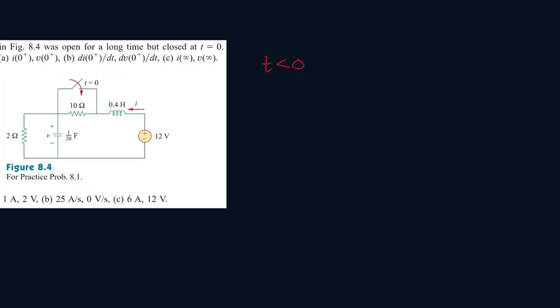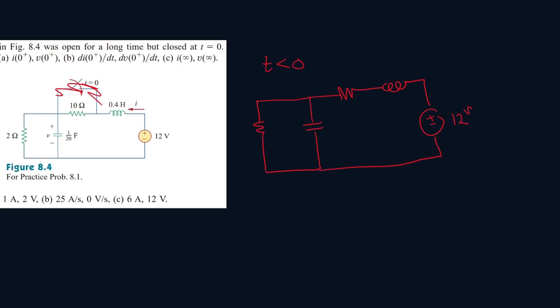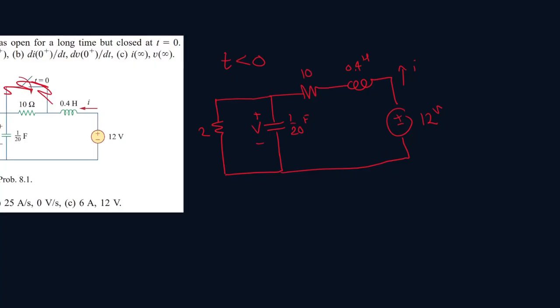This will be open, so we can pretty much ignore all of this. Okay, so we have the circuit when t was less than 0.